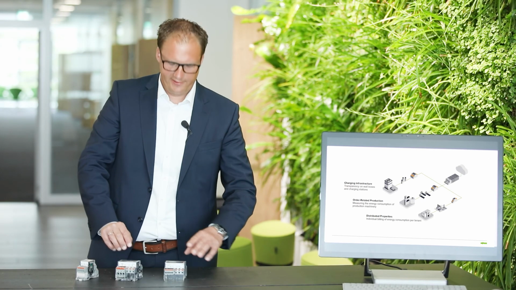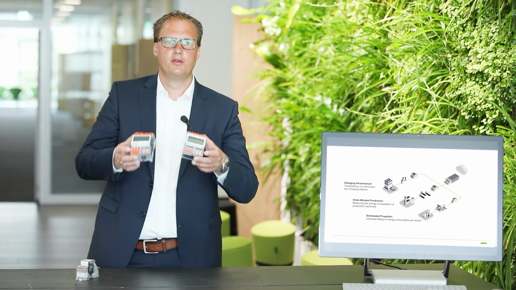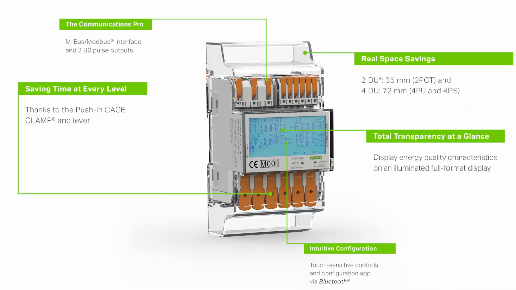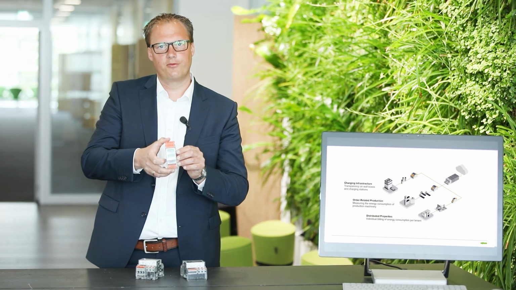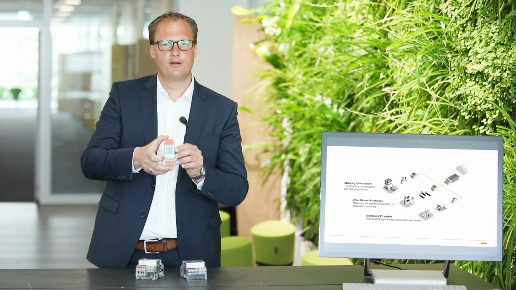The last key feature is the model width. You can see here the 2 meters which you can measure directly. We are here at 4 dimension units. This is the energy meter for current transformers. We are here at 2 dimension units, and that means the model width is 35 millimeters.